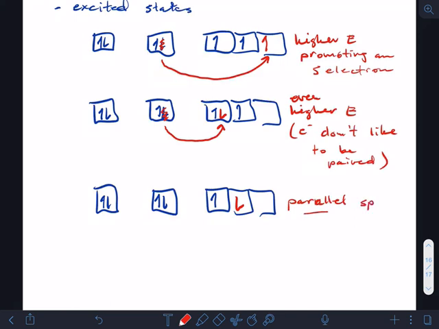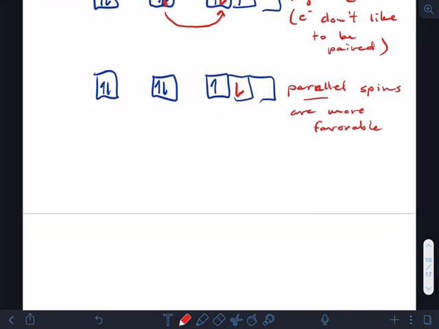And that causes an excited state because parallel spins are more favorable. So by forcing it to go the opposite spin, I've created an excited state.